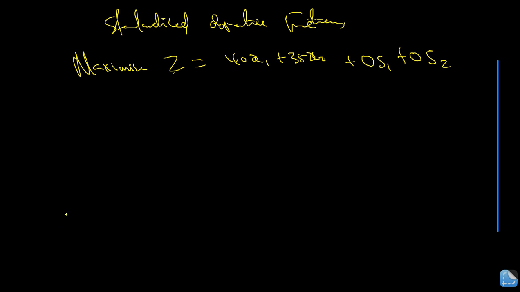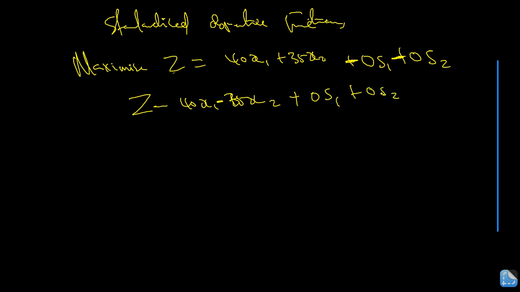To make your life easy, make this z minus 40x1 minus 35x2, minus 0 s1, minus 0 s2, such that when they come here it will be plus 0 s1 and plus 0 s2.